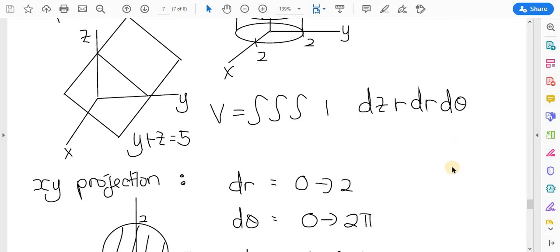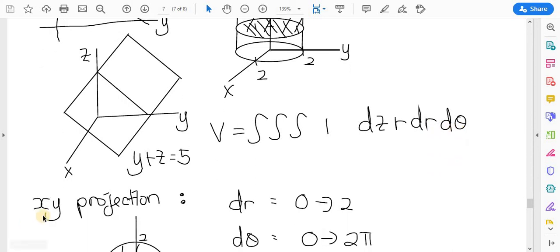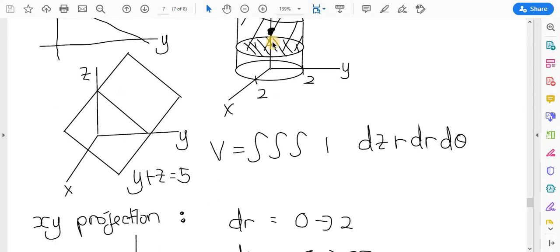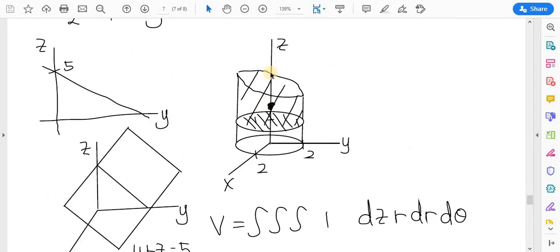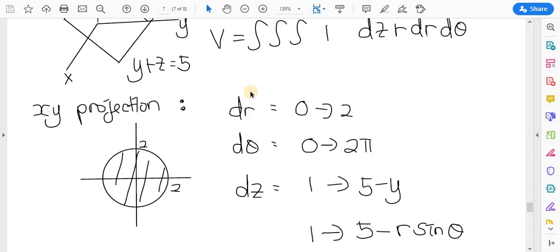First of all, we need to define the intervals for dr and d theta. Here I choose the xy projection, which means you look at this solid from the top, from the direction of z. When you look from the top, you basically see a circle with a radius of 2, because the cylinder has a radius of 2.